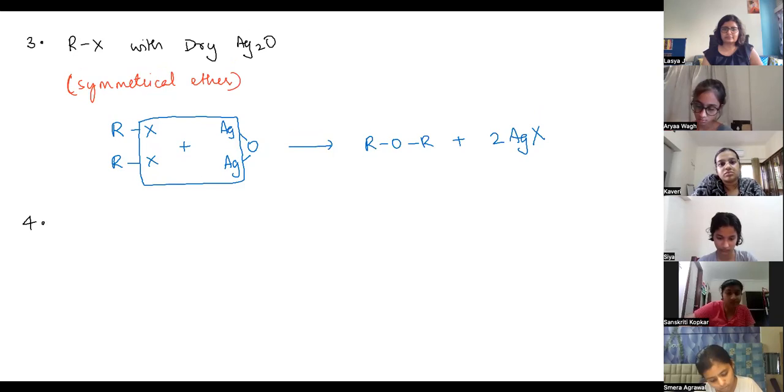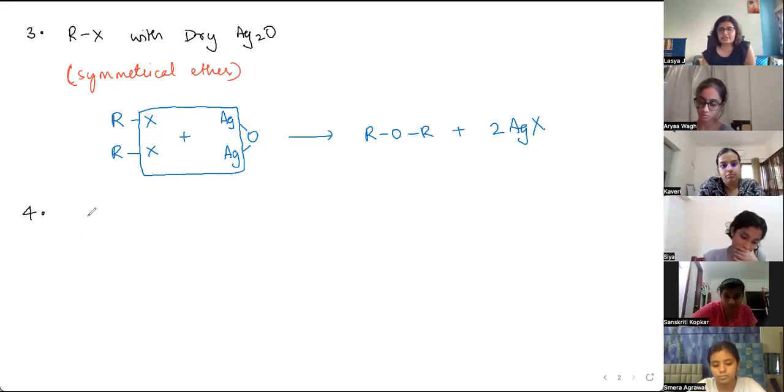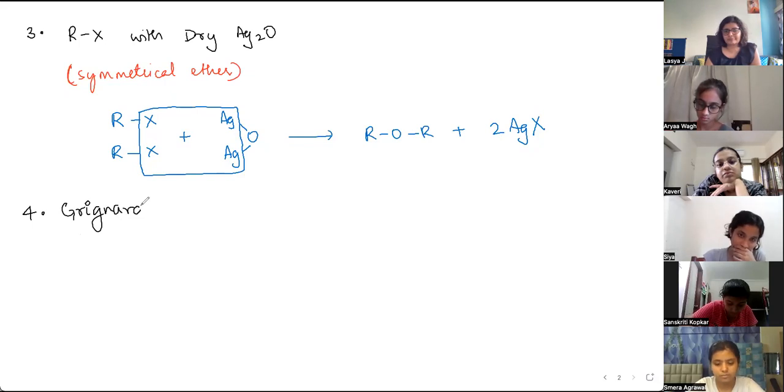And then, this is a method of preparation, but it's not like you're getting ethers from something else. So using Grignard reagent, but this is to prepare higher ethers. Like if you already have smaller ethers and you want to increase the length of the carbon chain, then you're going to use this method.